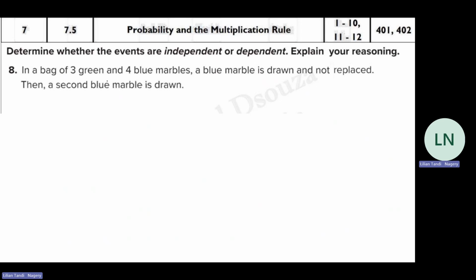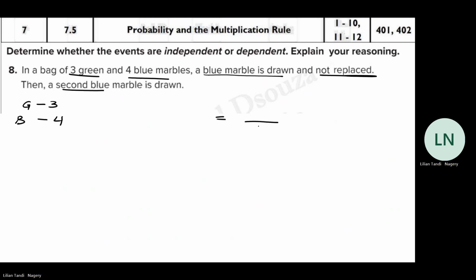In a bag of 3 green, 4 blue. Okay, so green is 3 and blue is 4. A blue marble is drawn and not replaced, and a second, so 2 fractions. Total is 7. Not replaced, 7, 6.